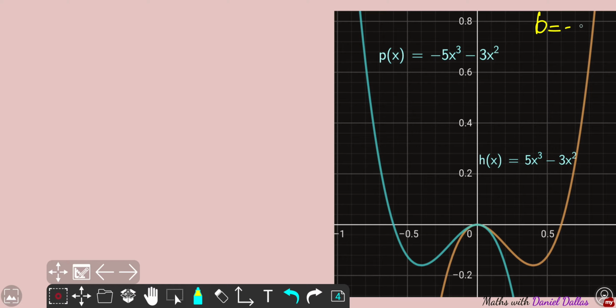So b is negative 3 in this case, and we have 2 options. When a, the leading coefficient, is negative, so that's why this is less than 0. And we have, again, the third solution, x3, which is, because b is negative in this case, we will have negative 3 over 5.